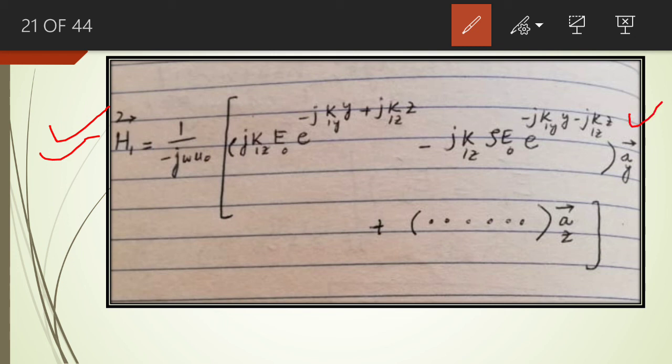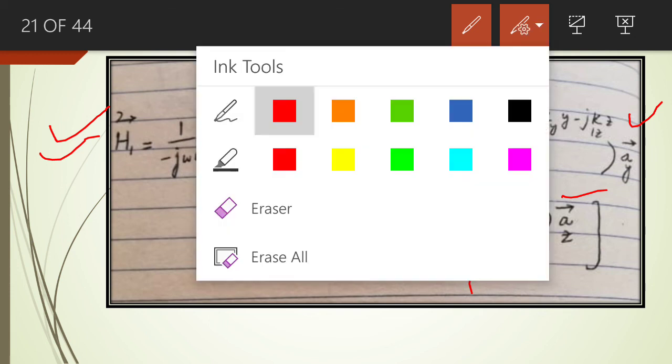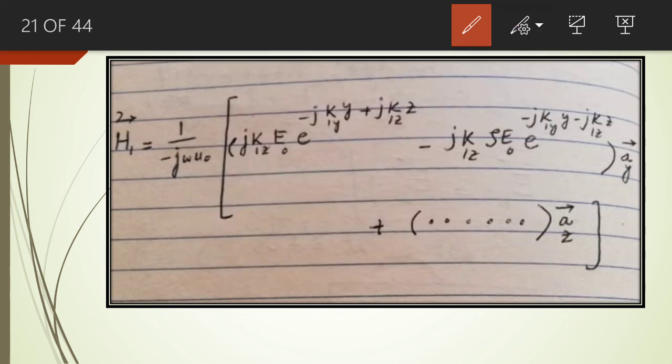One component of H1 is in the direction of the unit vector AY, which is tangential to the interface, and the second component of this H1 will be in the direction of AZ, which is normal to the interface. We are not interested in this normal component. We are interested in the tangential component of H1 only. So let us consider this tangential component only.